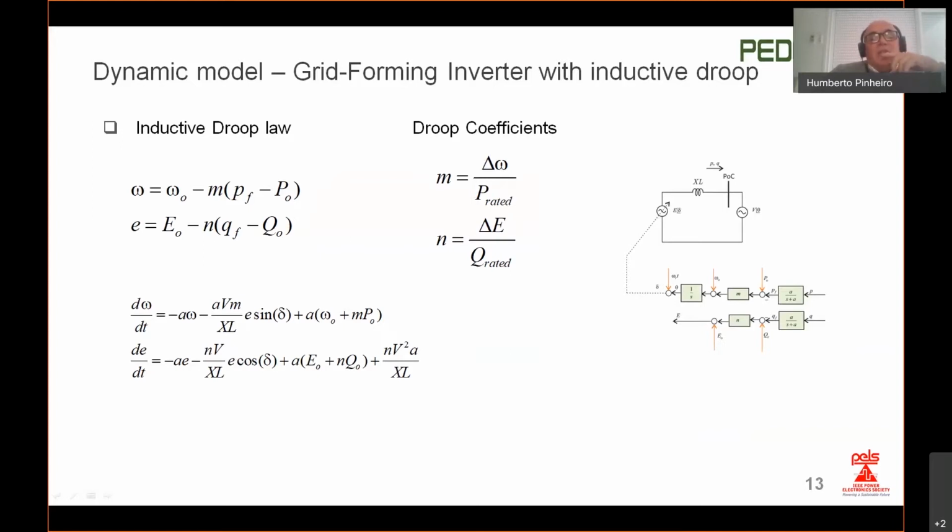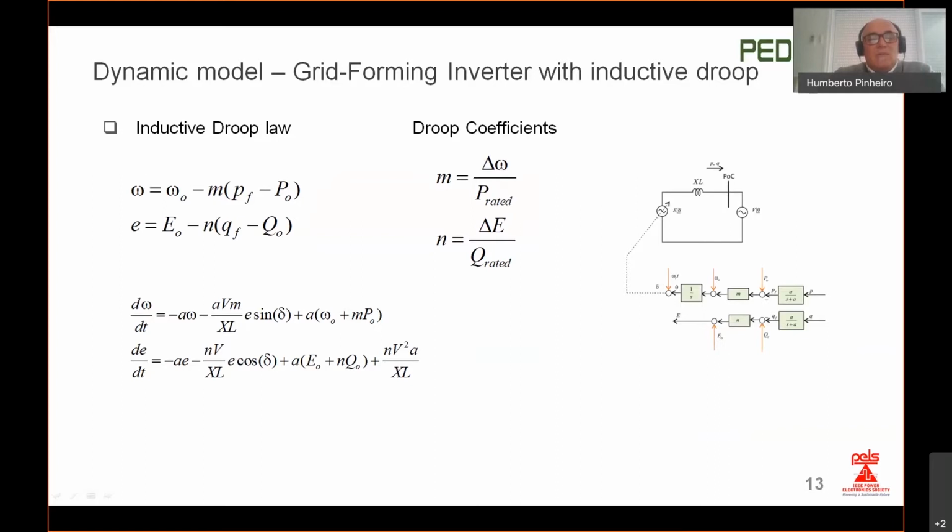So the voltage at the inverter terminals is basically the one at the POC. However, the dynamic variable, the state variable that is used over here, is what I call the inverter background voltage. So this is the equation that governs these two quantities. However, it's still missing the equation for the power angle.